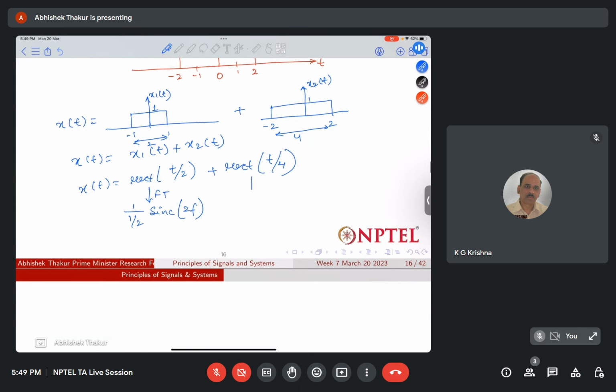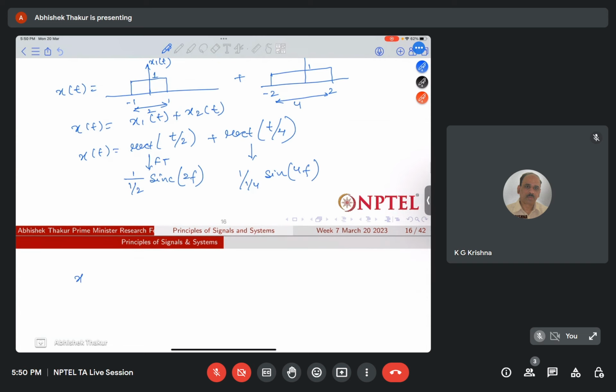For the other one it will become 4 times sinc of duration 4 into f, f is frequency here. So X(omega) is equal to 2 sinc(2f) plus 4 sinc(4f).